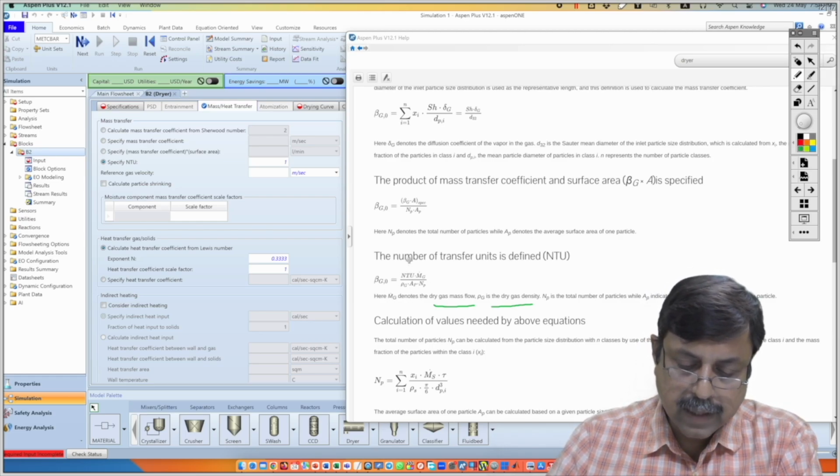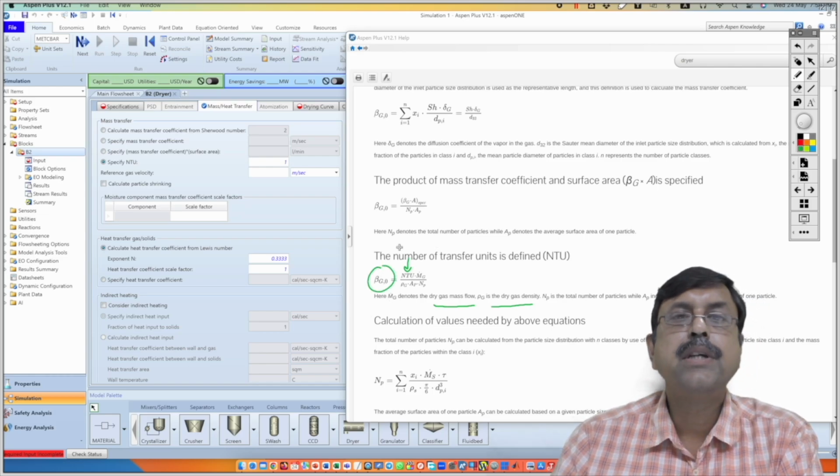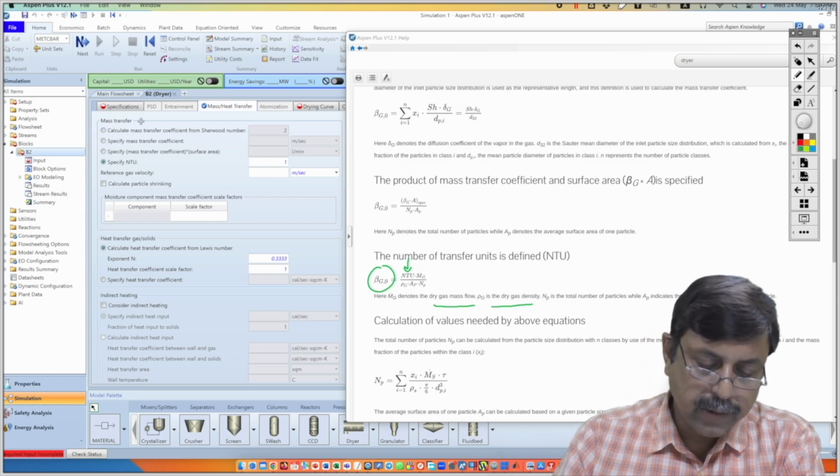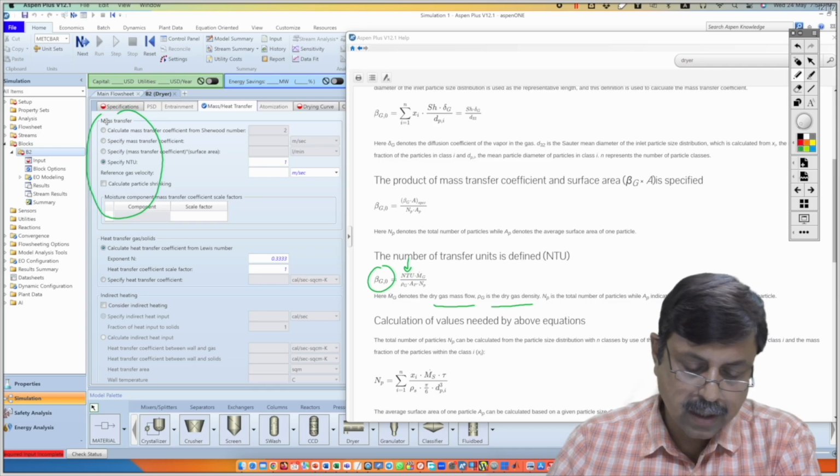So if you fix the number of transfer units, the mass transfer coefficient will be automatically calculated by Aspen Plus. So that's how the mass transfer coefficient is calculated.